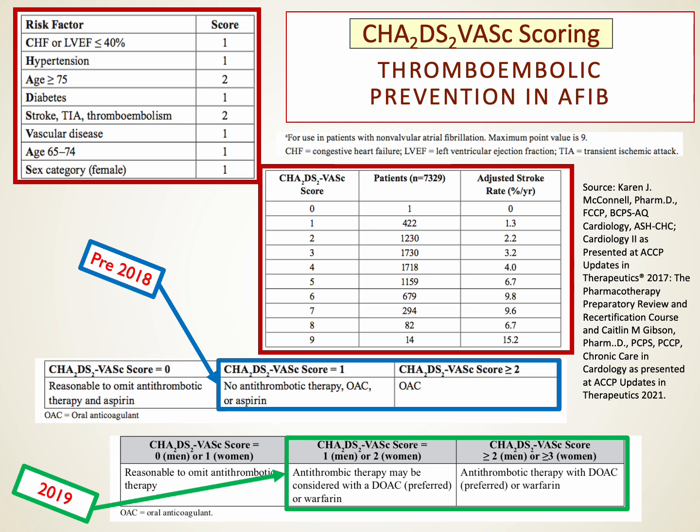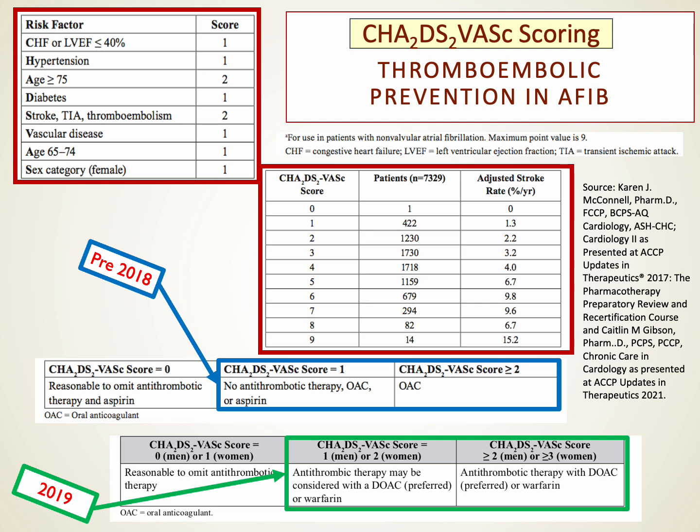So what you'll find is that the guidelines pretty much say if you're 0, you probably don't need anticoagulation. If you're 2 or higher, and some people would say if you're a male 2 and if you're a female 3 or higher, you are candidates for antithrombotic therapy, and usually that's with a direct-acting oral anticoagulant. Usually it's apixaban or rivaroxaban.